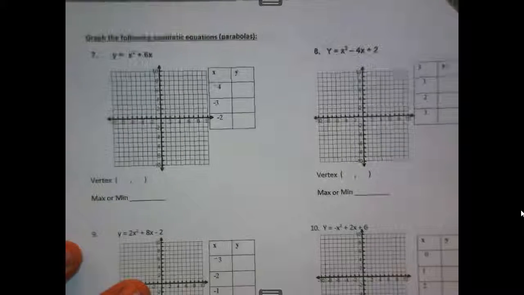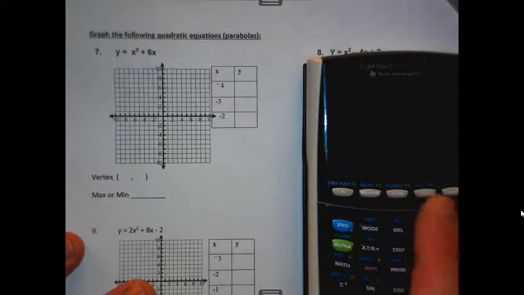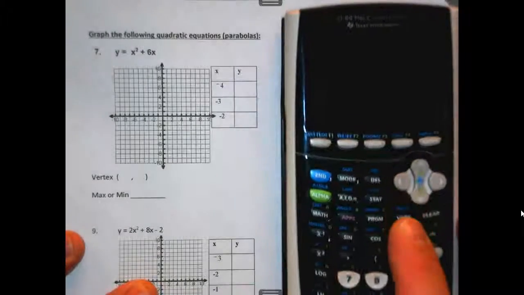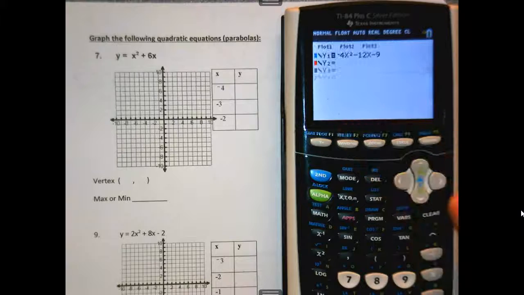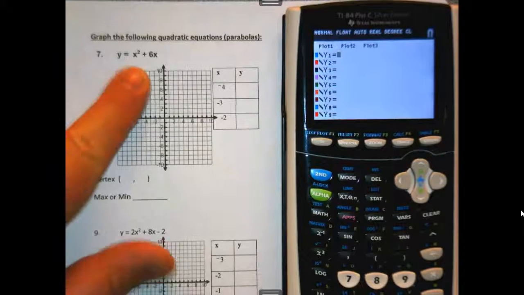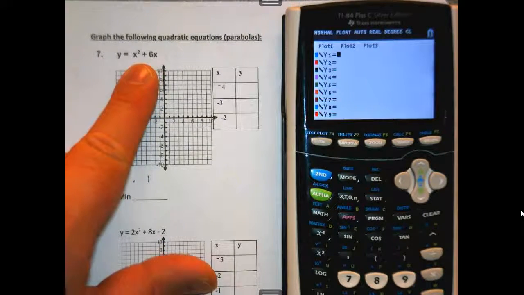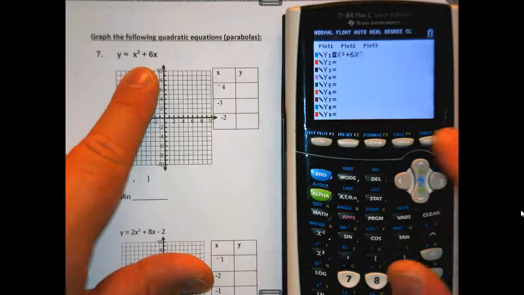So what are we going to use? That's right, our calculators. So we're going to go into the y equals, put in this quadratic equation, x squared plus 6x. We're going to graph it.